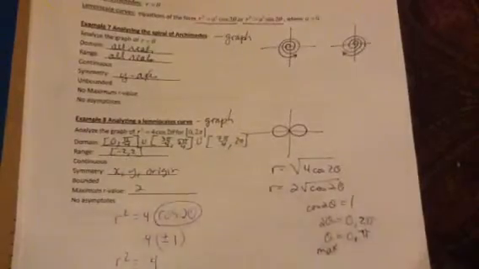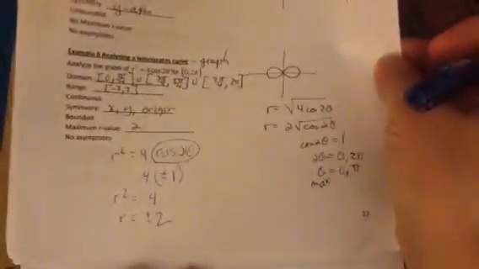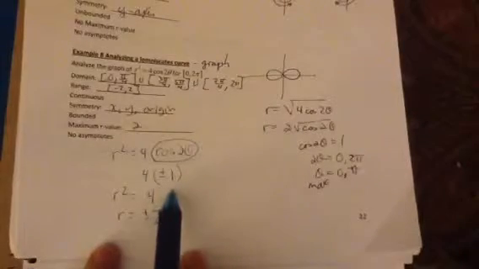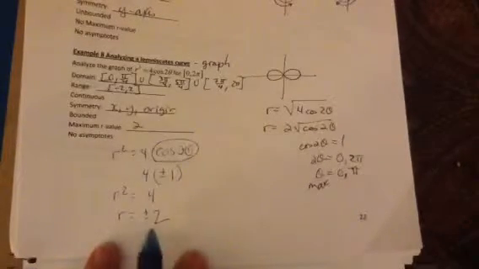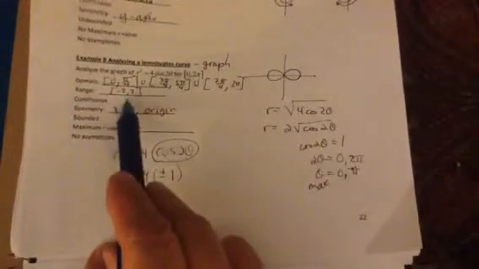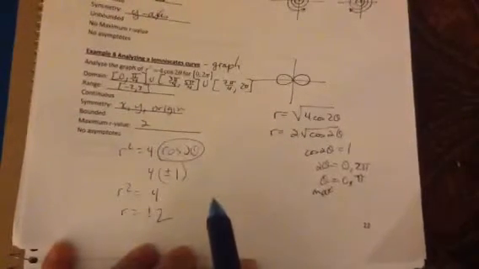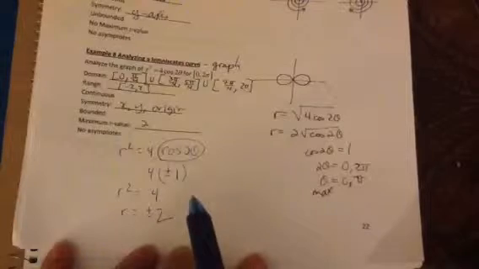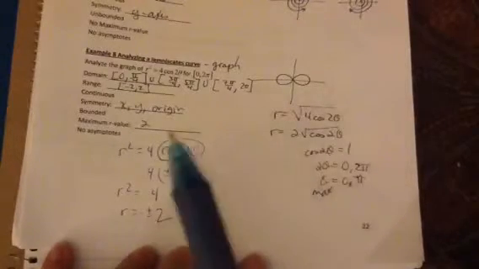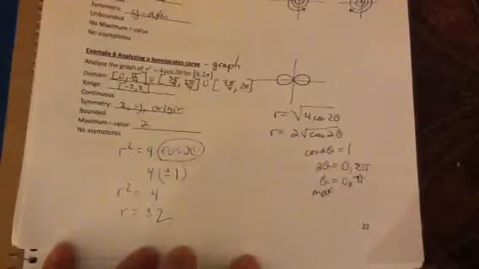We don't use the negative one because you can't take a square root of a negative number. So our range goes between -2 and 2. It is continuous. It does have symmetry about the x, y, and origin. It's bounded, maximum value of 2, and no asymptotes.